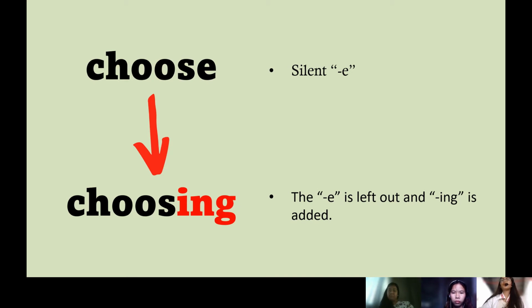How are we going to change the word choose into present participle or gerund? How do we spell choose if we are going to add ing? How are we going to spell it?